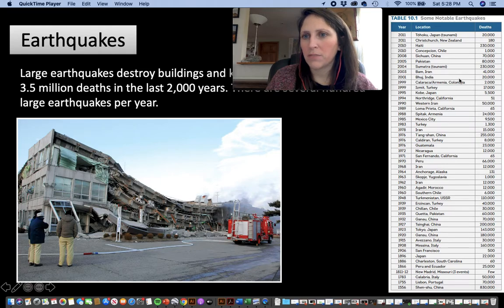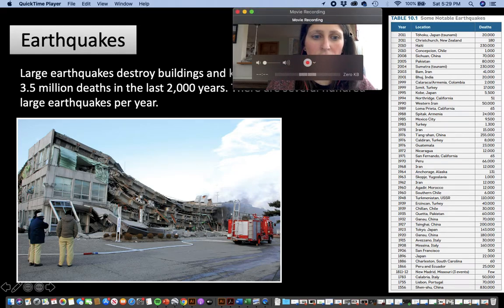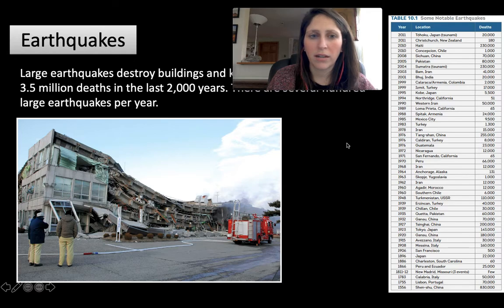One of the most recent ones in this chart is Japan, where a large earthquake happened and it also caused a tsunami, and that resulted in 20,000 deaths. Haiti, back in 2010, 230,000 people died. So these earthquakes cause mass destruction, and very many fatalities can happen.